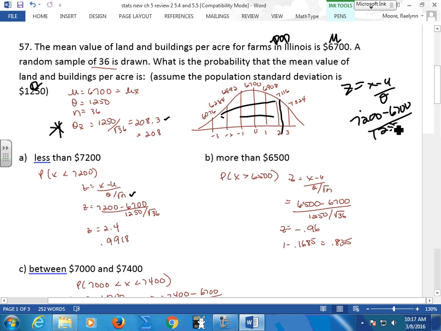What do I need to do with my random sample? So always start with, there's my mean, there's my standard deviation, there's my n. Well, if I do that, I didn't use my n, right? So where would I use my n for this? Right here. That's the difference. Make sense when you compare both?